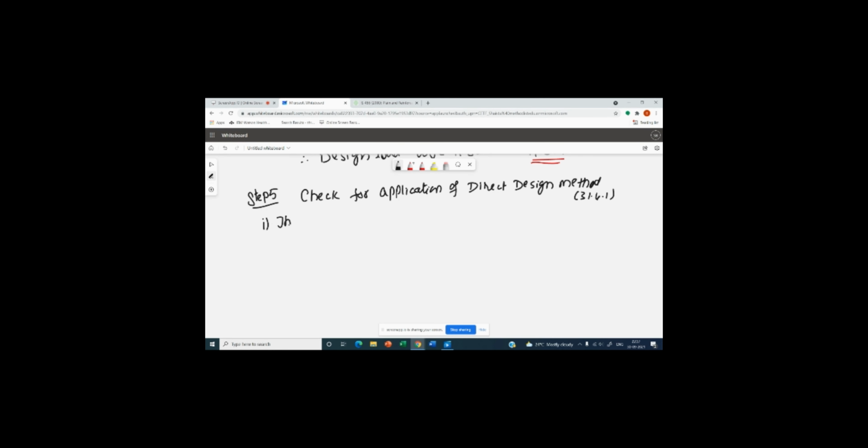The first check is there should be a minimum of 3 spans in each direction.